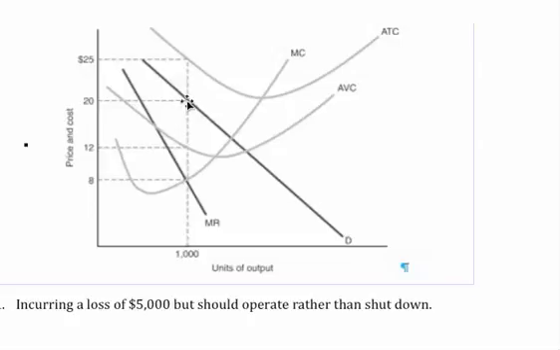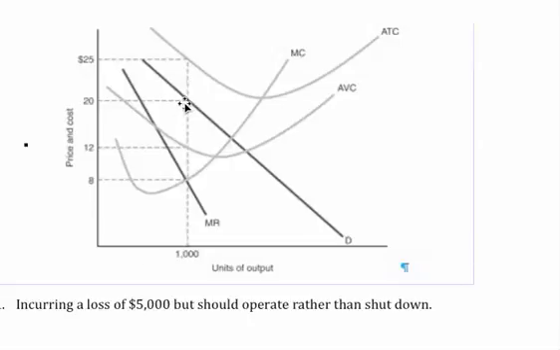Well, this tells me if I continue to go from this point up to my average total cost curve that it's costing me $25 to produce one unit. Well, in that case, that would be $25,000, but I'm only receiving 20,000 minus 25,000. I have a loss of $5,000.